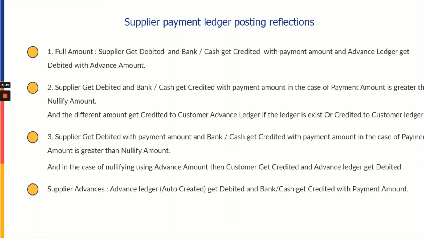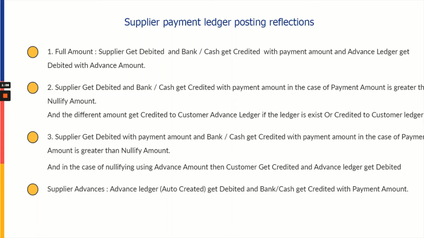The supplier gets debited with the payment amount and bank cash gets credited with the payment amount, in case the payment amount is greater than the nullify amount. The customer gets credited and the advance ledger gets debited in case of nullifying using the advance amount.